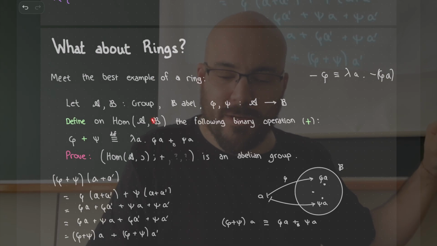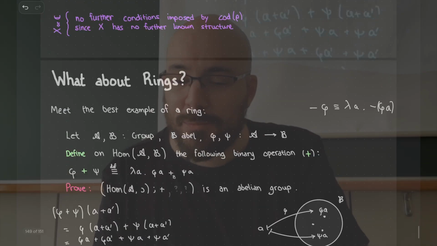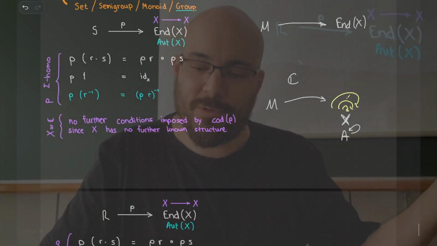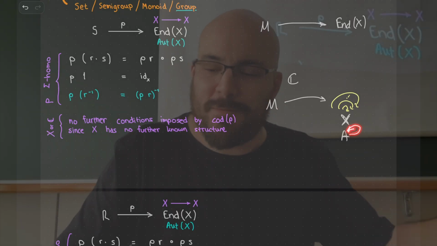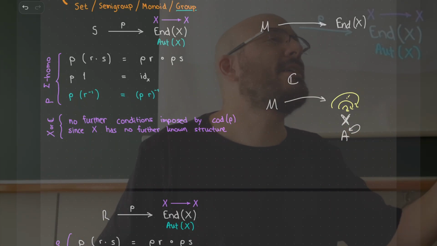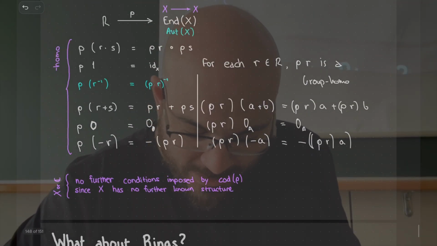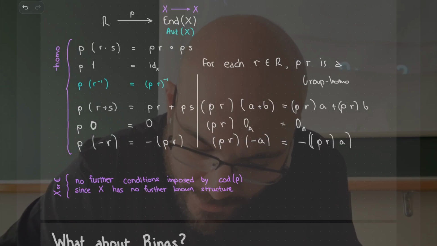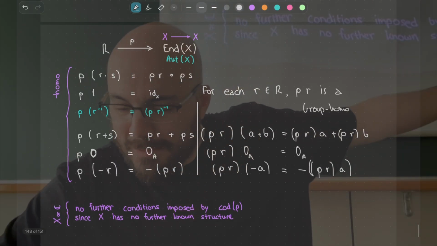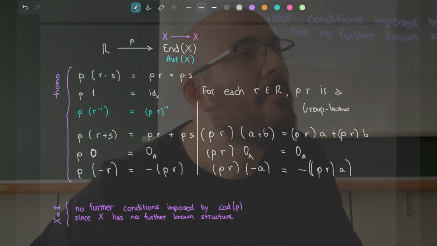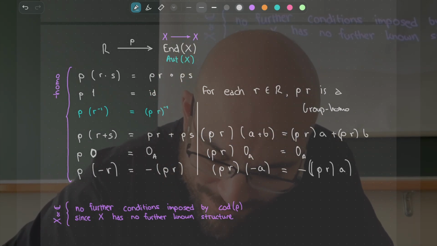So I had this B here, consulting the operation of B. But now I'm looking at endomorphisms from abelian groups to abelian groups, so instead of calling it B, I started calling it A. It's from A to A, the codomain. It's a bit messy, but if I fix this A, now I'm consistent. It should be X, actually, but anyway. You also have an X at the second line, which will also be A. Thank you.